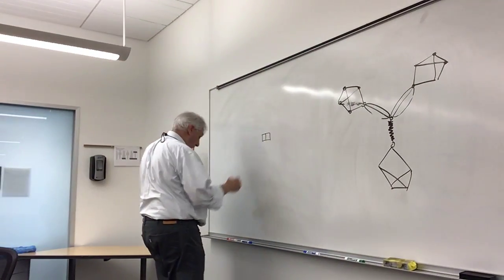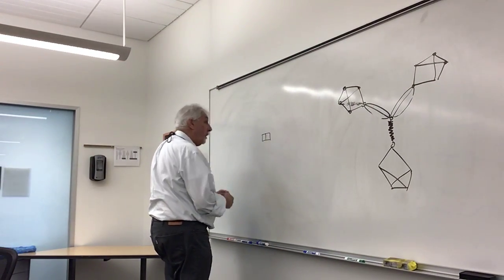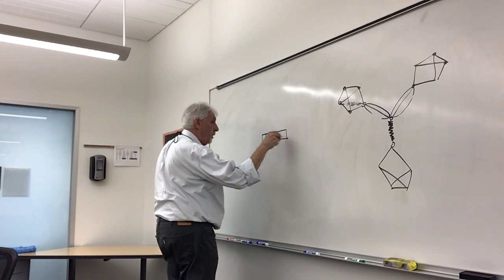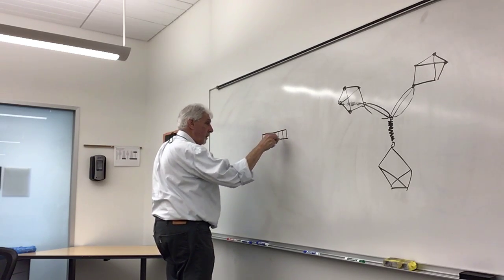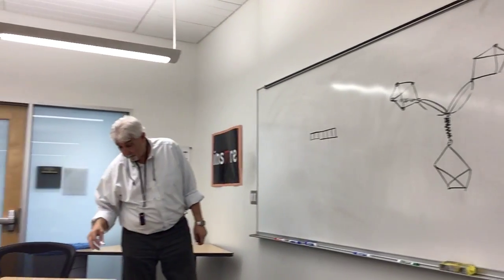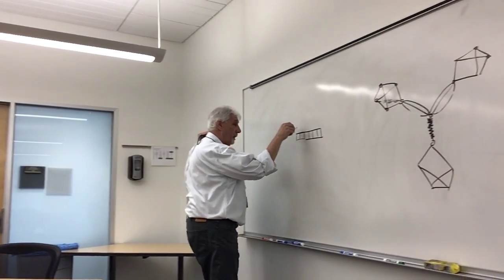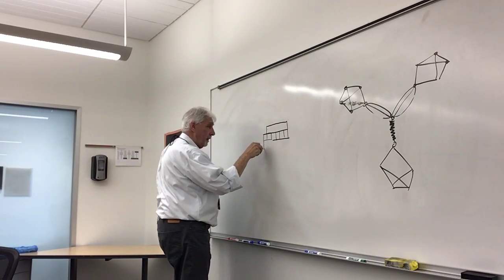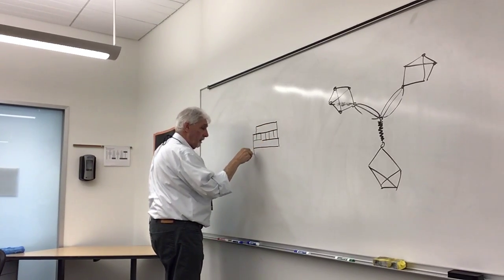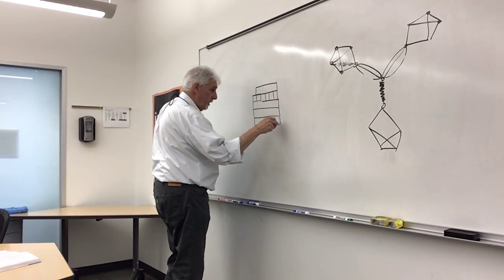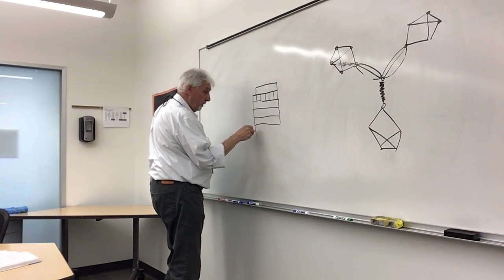I'm going to try and draw the whole thing. So how big is it? So I have 5. This is a middle row. This is the row above it, and then I have another one of these, and then another, and then one of these.